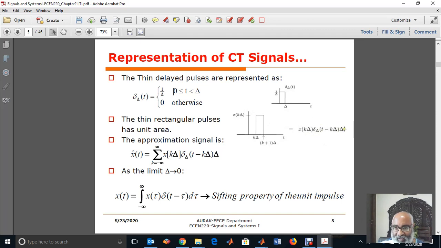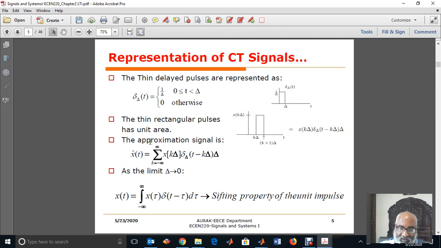Why do we multiply by delta? Because the pulse has an amplitude 1 over delta. If we multiply by delta, it will be 1, so 1 times the value at k delta will be x of k delta.